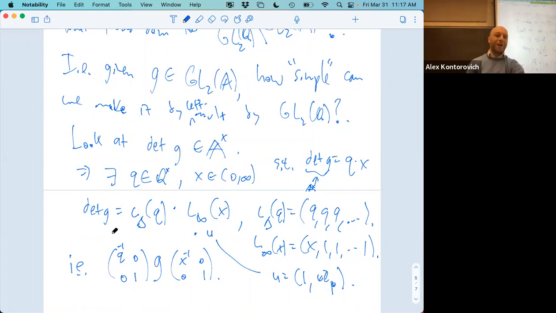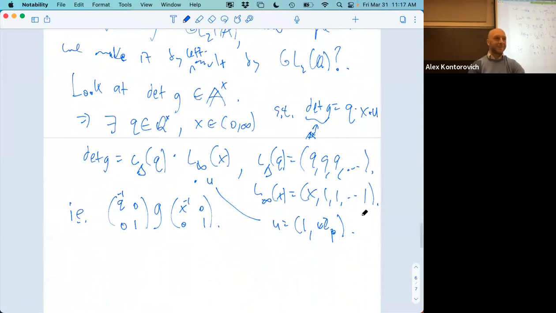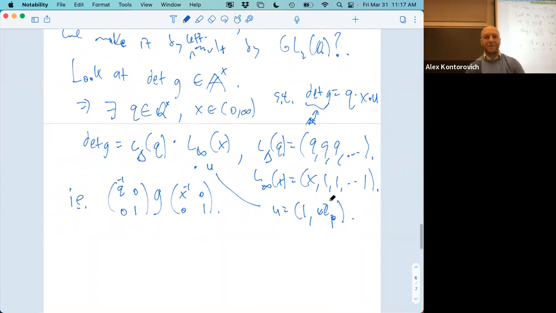So if I want to make this an equal sign, then I have to multiply by one more thing times U. Okay, the Q will handle any parts of the edel that's not in ZP. The X will make the infinity entry 1 on the nose. And then I have infinitely many elements of ZP that I can't do anything with. In fact, ZP cross, because this is an edel.